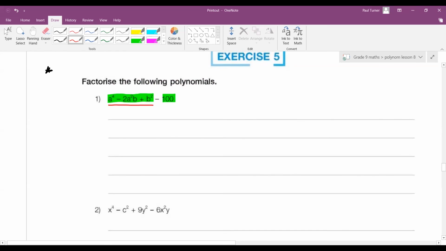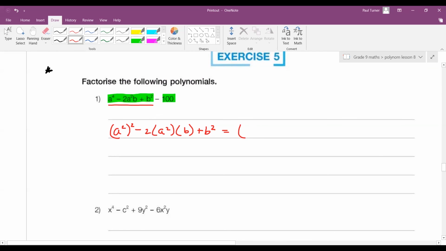minus 2a squared b plus b squared. It's looking like it could be a perfect square because you've got A, B, and B, and 3 terms. So we could make that a squared minus, now from the rule, we would have 2a squared b plus b squared, which can be written as, let's just check it's all right.